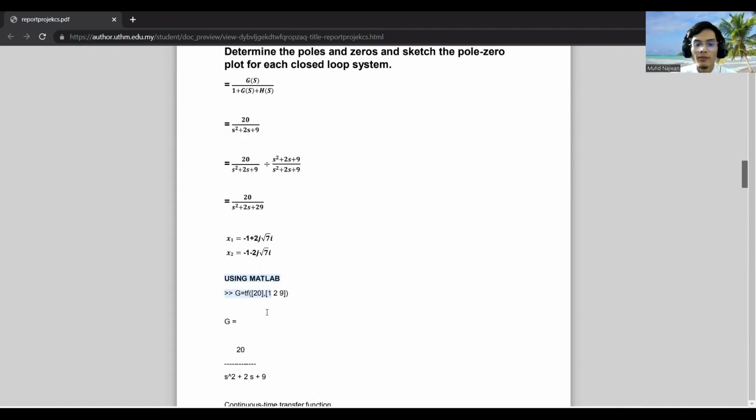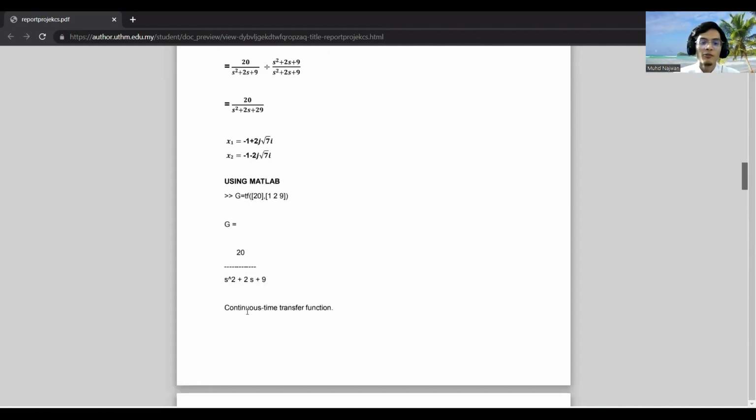By using MATLAB, we declare G equal to tf([20],[1 2 29]), and we get the answer 20 over s squared plus 2s plus 29.